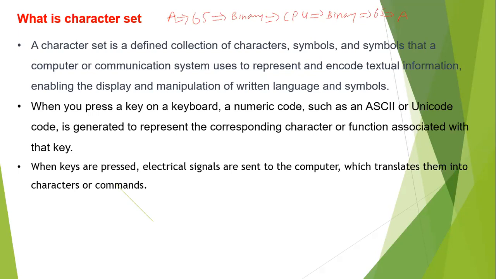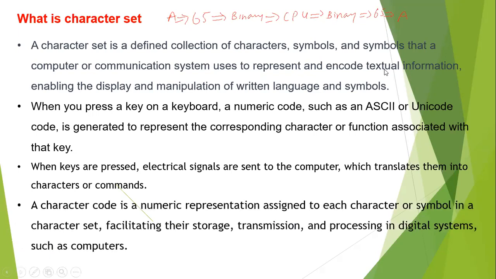The computer is totally based on electrical signals, in 0 and 1 form, so that the computer can understand. A character code is a numeric representation assigned to each character or symbol in a character set, facilitating their storage, transmission, and processing in digital systems such as computers. These are some descriptions regarding character set.